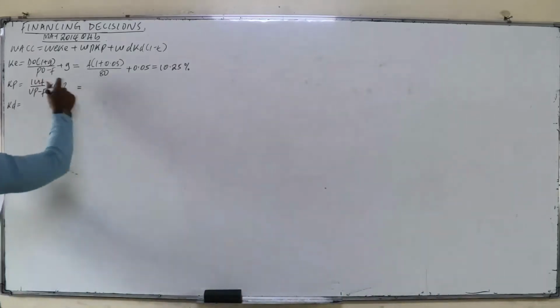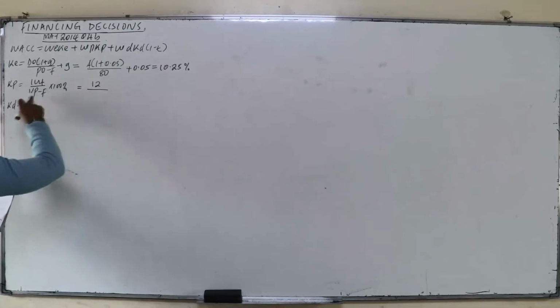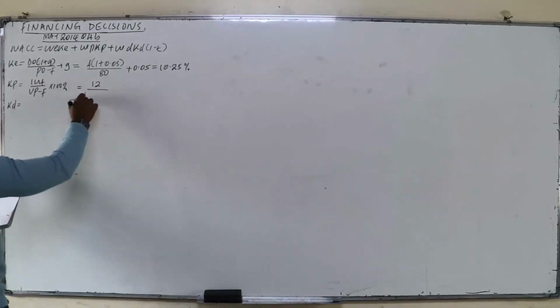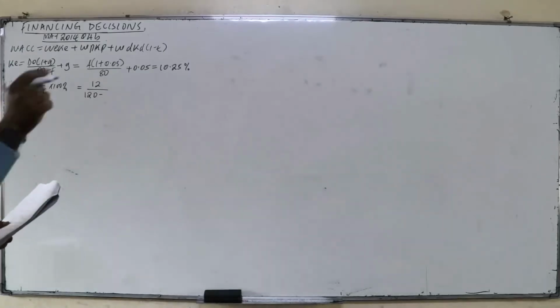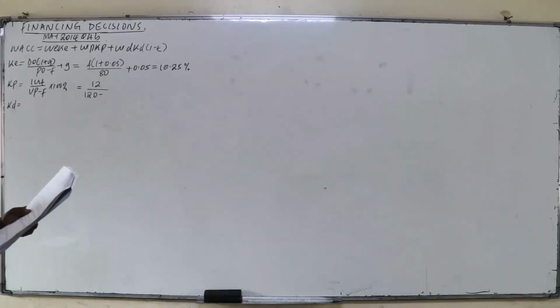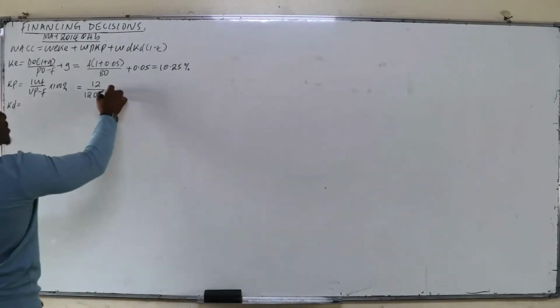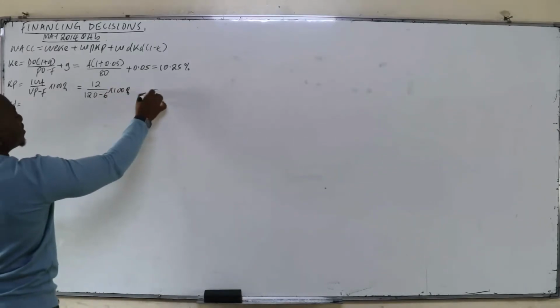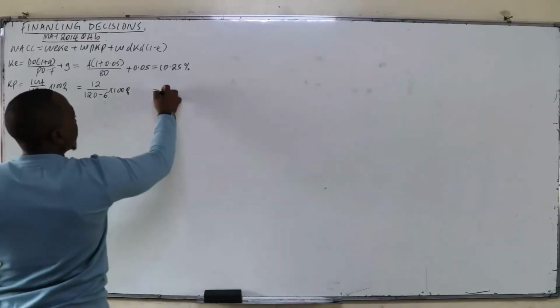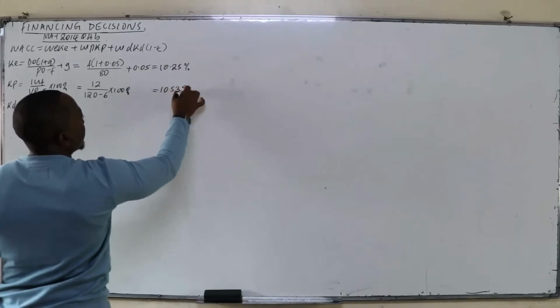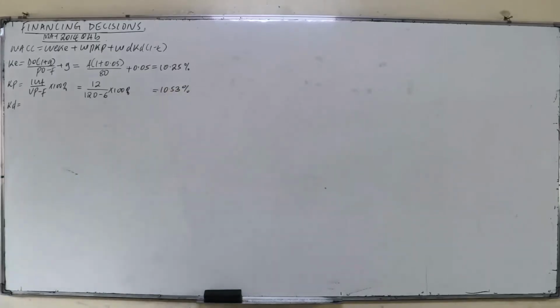So the dividend is 12 and the value of the preference is 120, with a flotation cost of 6. So you multiply by 100. What do we get? 12 over 114 times 100, which is 10.53%.